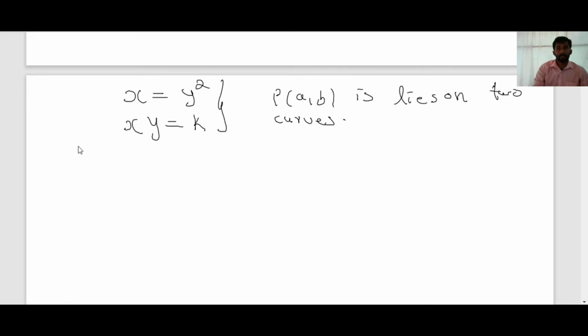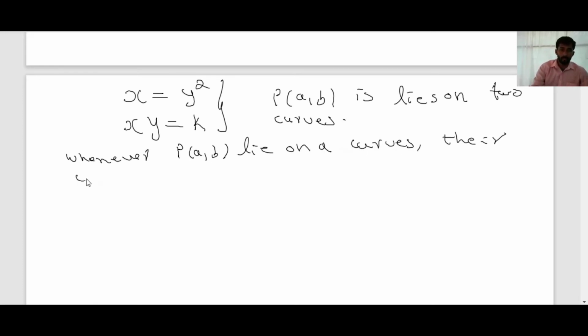Then in the straight line chapter you studied, right? Whenever a point lies on a curve, its coordinates satisfy the equation. Okay, this is a very important condition.